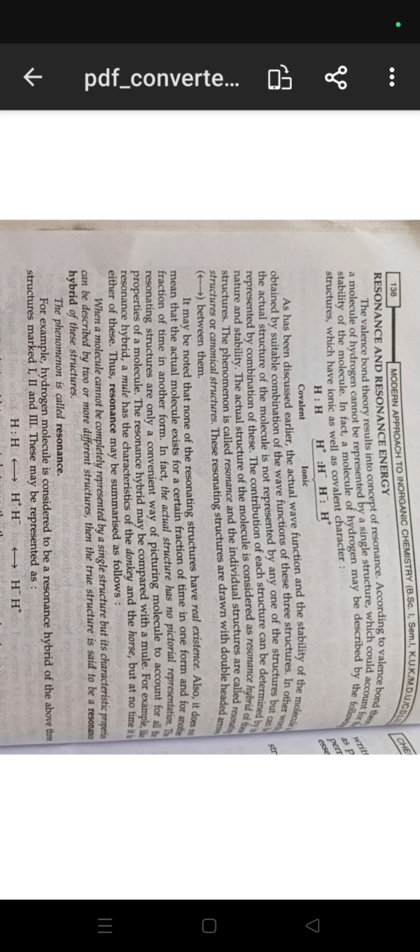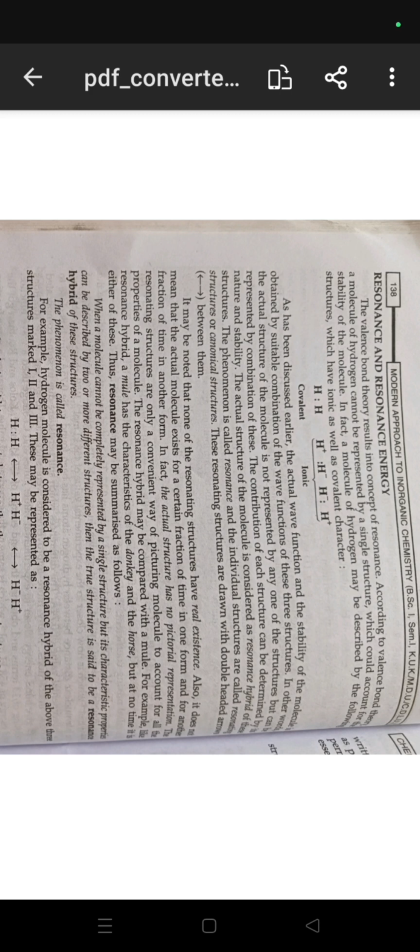Also, it does not mean that the actual molecule exists for a certain fraction of time in one form and for another fraction of time in another form. In fact, the actual structure has no pictorial representation. The resonating structures are only a conventional way of picturing molecules to account for all the properties of a molecule.